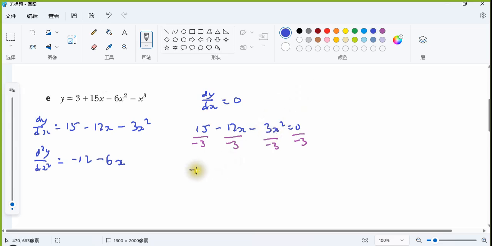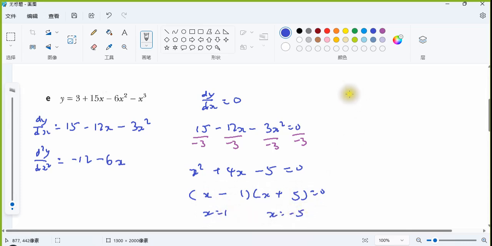Then this is x squared plus 4x minus 5 equal to 0. And we do the factorization, (x plus 5)(x minus 1), x equal to 1, x equal to negative 5.